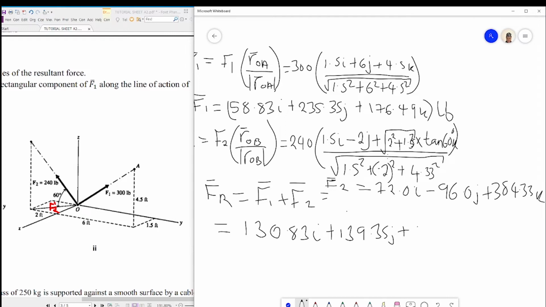This one is actually my mistake. This is not 384, this should be 207. How did I copy that? Okay, so you have that.